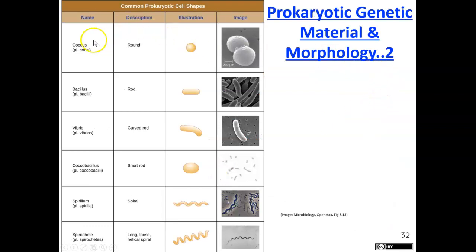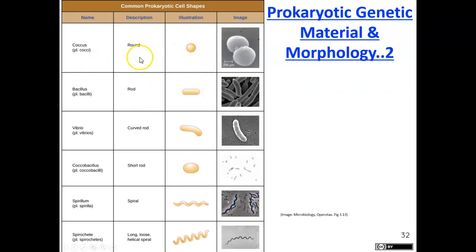So when you look at the structure of prokaryotic cells, bacterial cells and archaeal cells are always going to have certain types of structures that are super common, like they can be coccus, like this. They can be rod-shaped or bacillus.